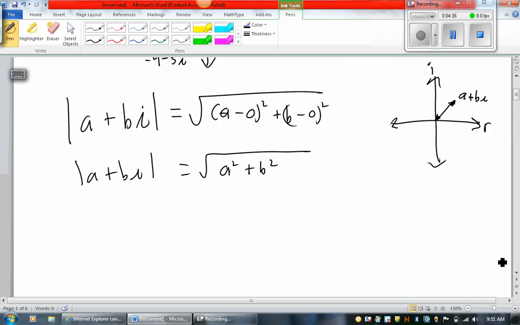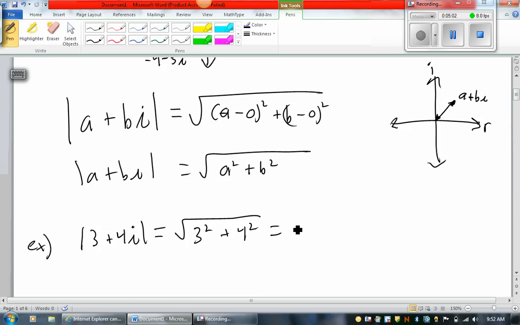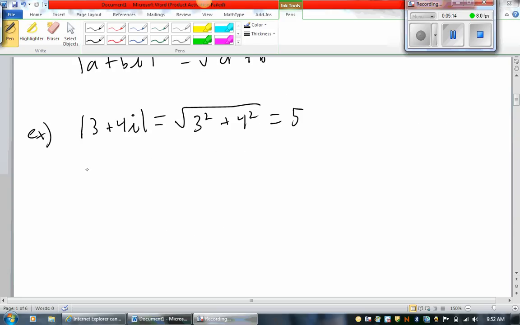Let's try an example. Say we wanted to find the absolute value of 3 plus 4i. We know this is equal to the square root of 3 squared plus 4 squared, and that's going to come out to 5. We'll try another one.